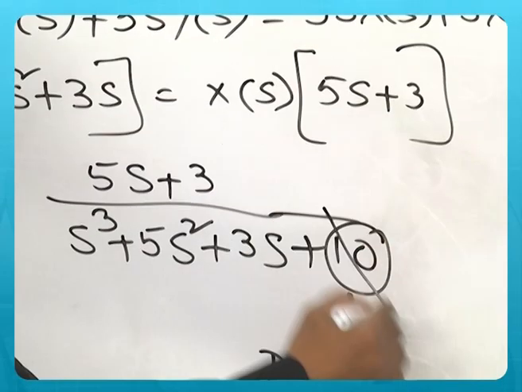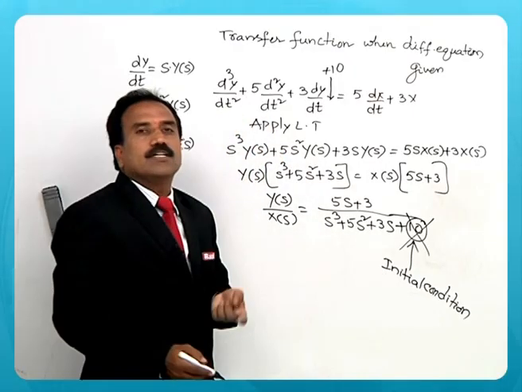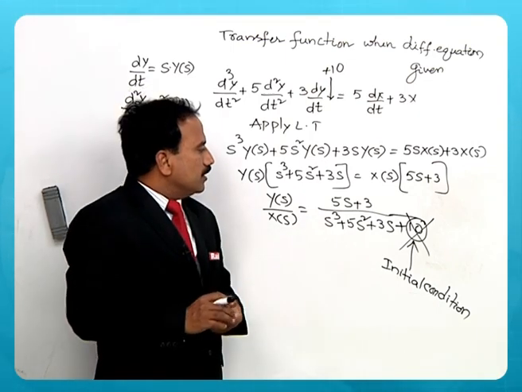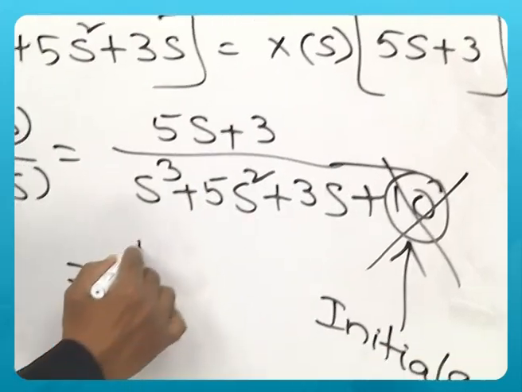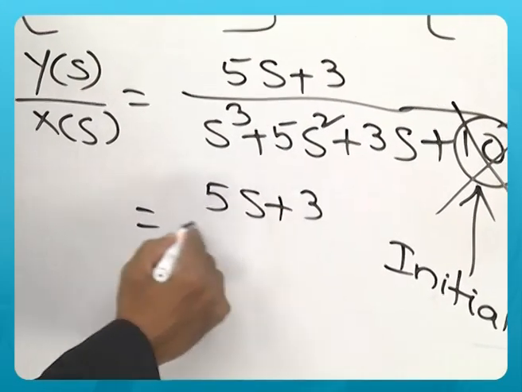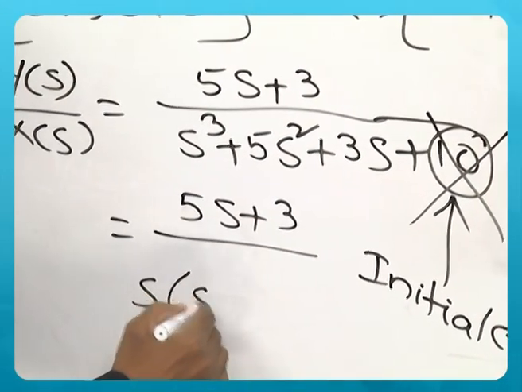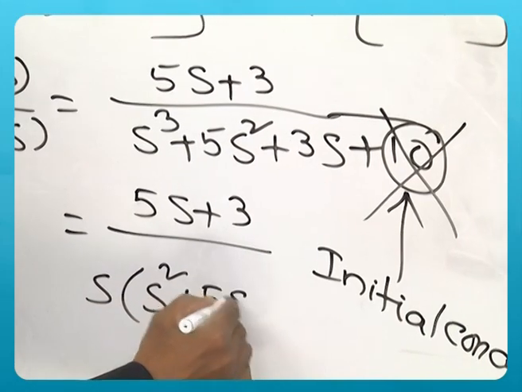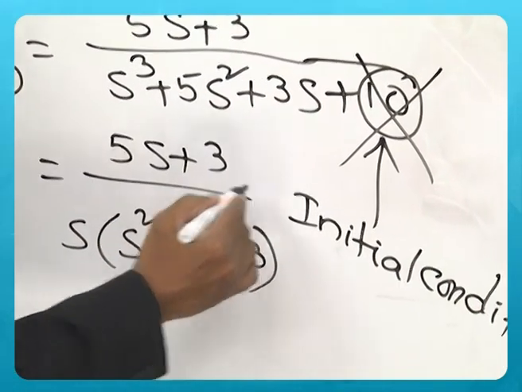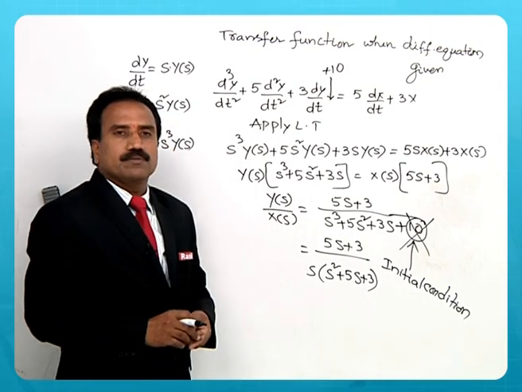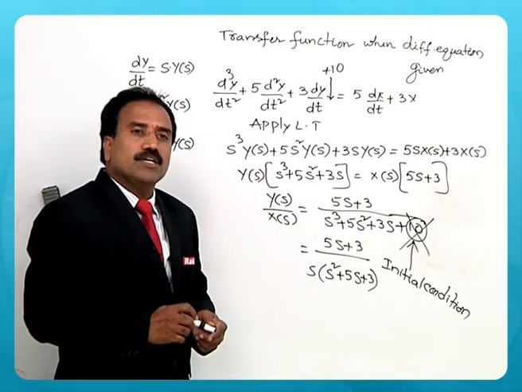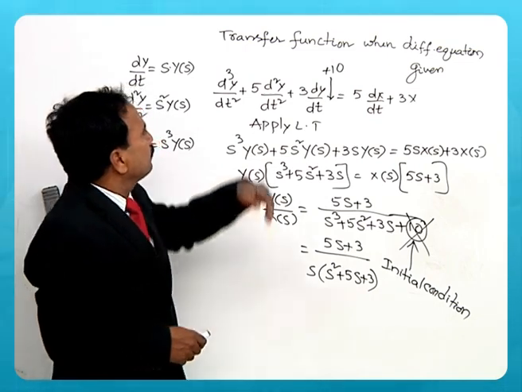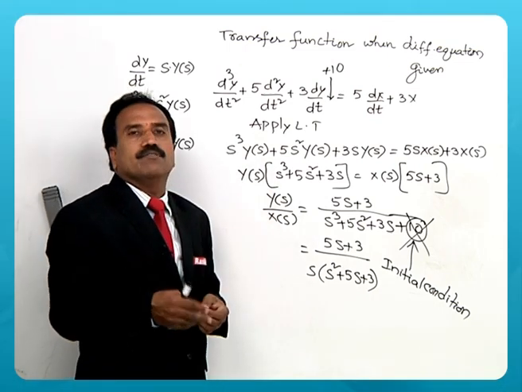So you need not consider this 10. That 10 can be removed, and the rest is the transfer function. So this can be rewritten as 5s plus 3 by s into s square plus 5s plus 3 as the final transfer function, ignoring the constant 10. So this is another way of finding the transfer function when differential equations are given.